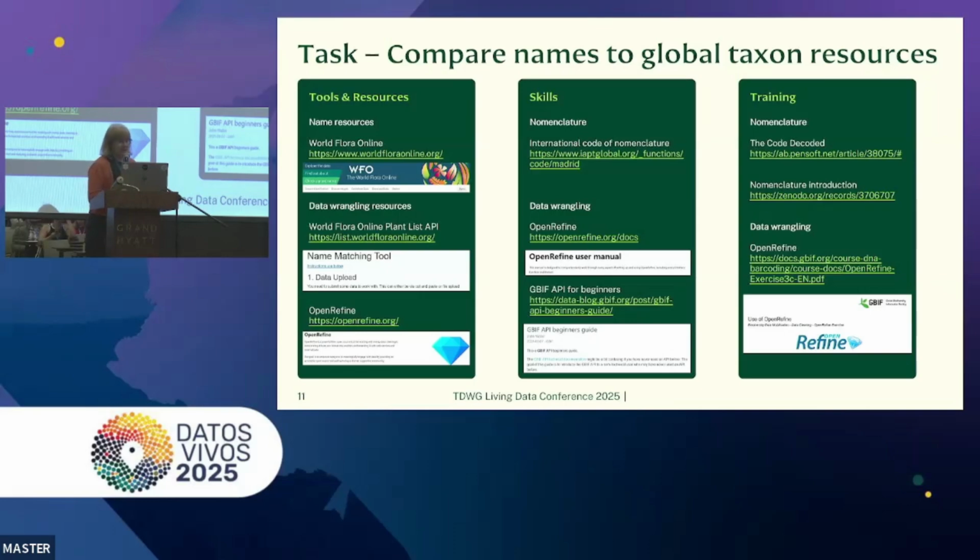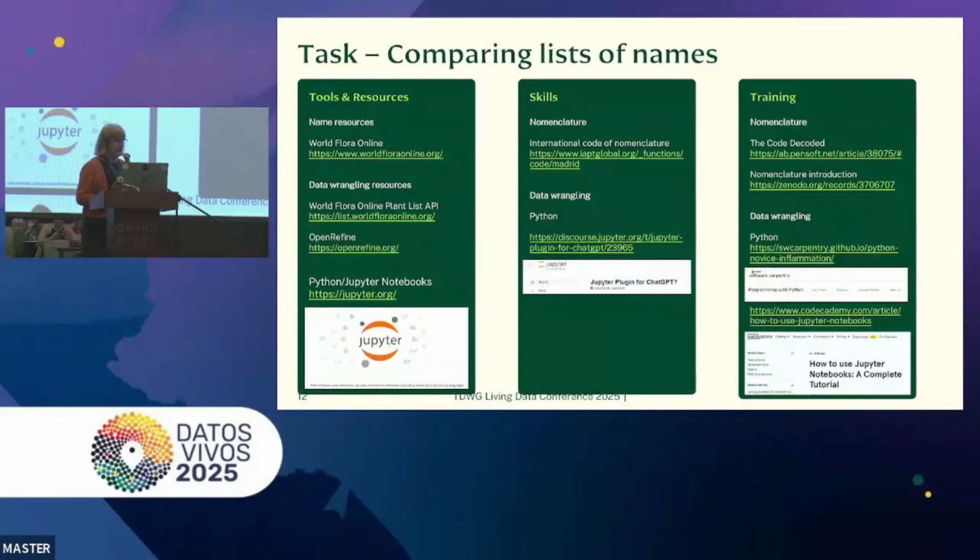So, data wrangling tools. They've got some manuals available and there are some training resources available. Some of them can be really difficult to find, so I think having some of those more visible and sharing resources would be really good. Comparing lists of names is a really common thing that we have to do when we're creating collections, and researchers do it as well.